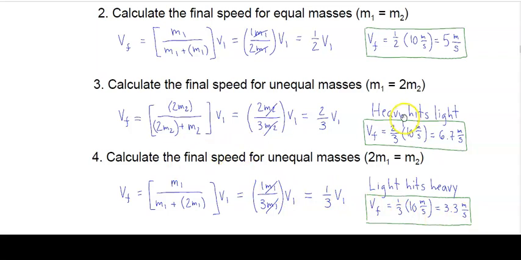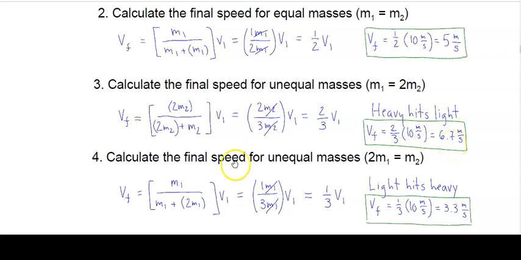And let's compare heavy hitting light to light hitting heavy. What we can observe is something that is intuitively understood about momentum. If a heavy object slams into a light object, the heavy object hardly slows down and it keeps going with much of its original speed. And that's what we see here in the heavy hits light condition.